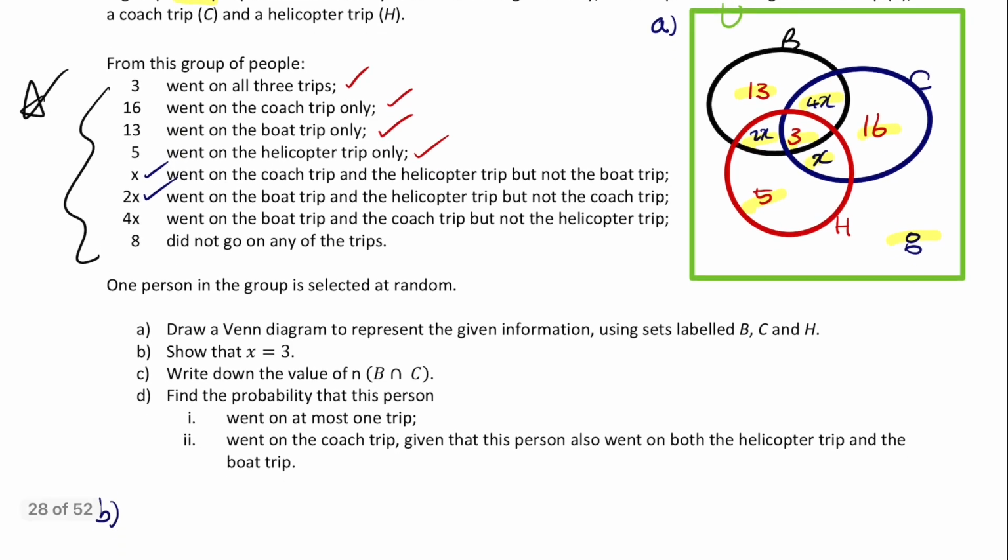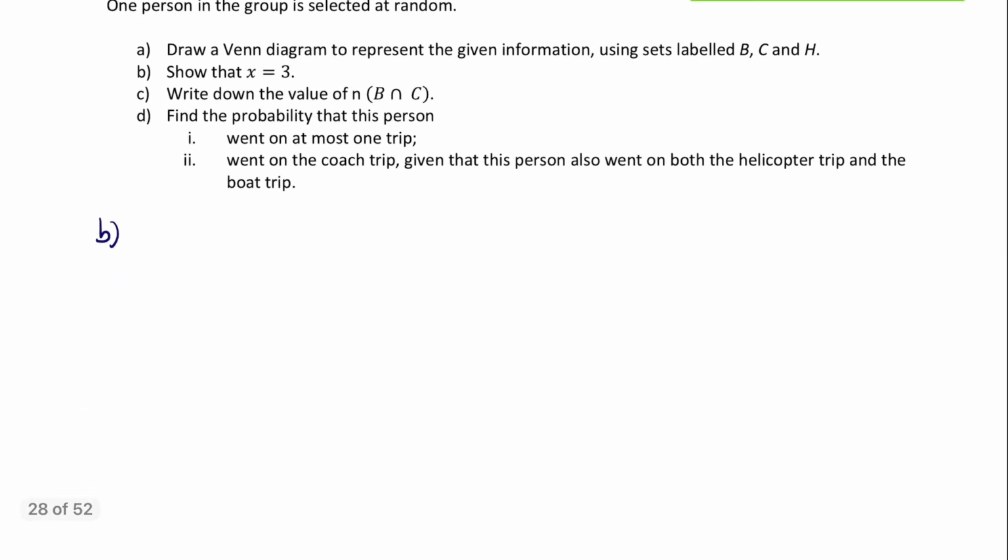So we can say 13 plus 2x plus 3 plus 4x plus 16 plus x plus 5 plus 8 is equal to 66. What I did is I just added all the numbers of the sample space, and we can now solve for the x value.